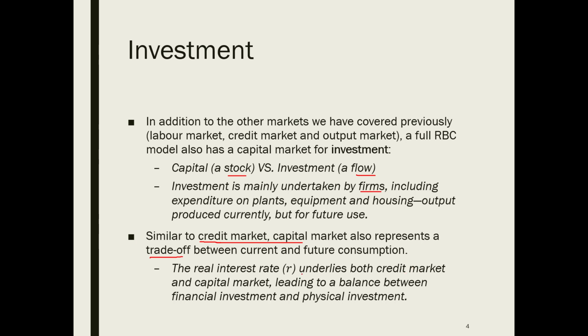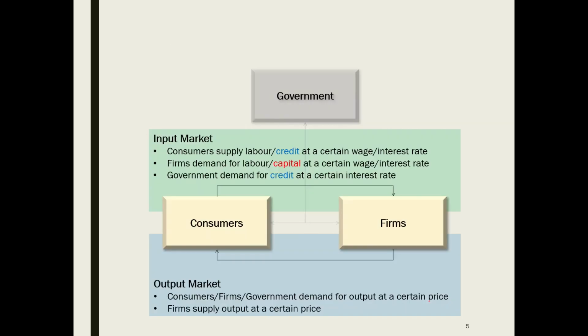The connection between the two markets is the real interest rate, R, which is the price of the trade-off between current and future periods. The interest rates of the two markets must be equal. Otherwise, there is an arbitrage opportunity between financial investment by consumers in the credit market and physical investment by firms in the capital market. Therefore, we can finally complete the conceptual framework of our model.